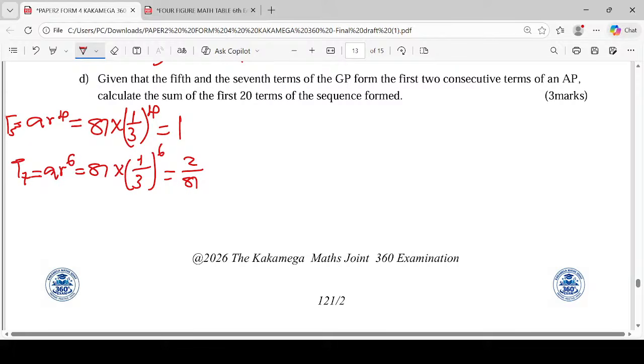We need first to populate our D. How do you get D? It will be the second term minus the first term. It will be 2 out of 81 minus 1, which is negative 79 out of 81.